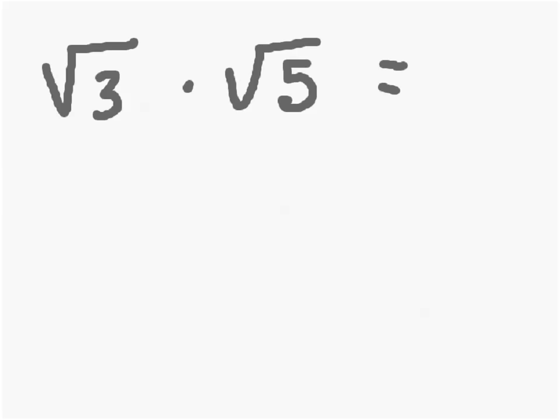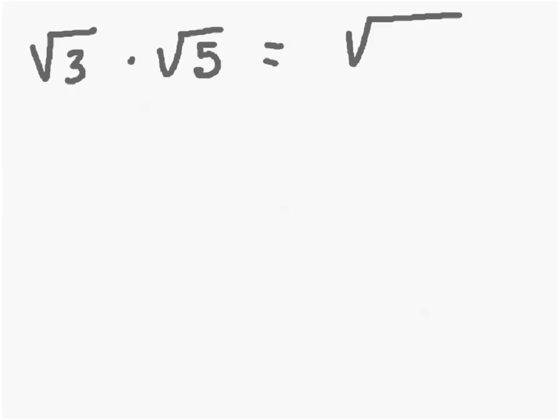If you're multiplying radicals, you have your radical sign, and then you multiply what's underneath of it. So radical 3 times radical 5 is radical 15. We'll get into more detail as needed. So you multiply your radicand together. Square root of 3 times the square root of 5 equals the square root of 15.